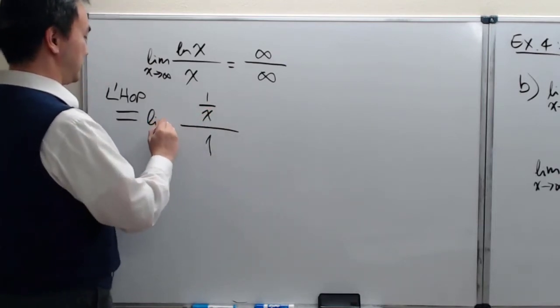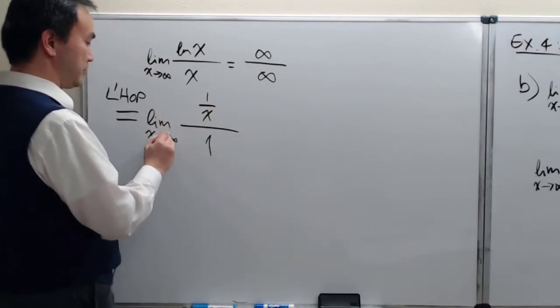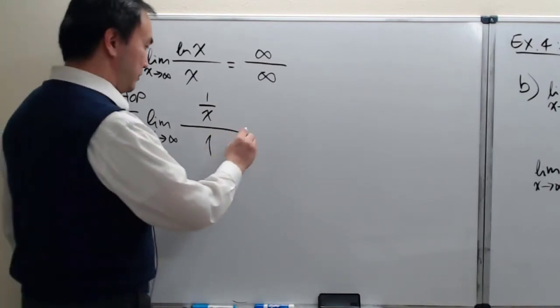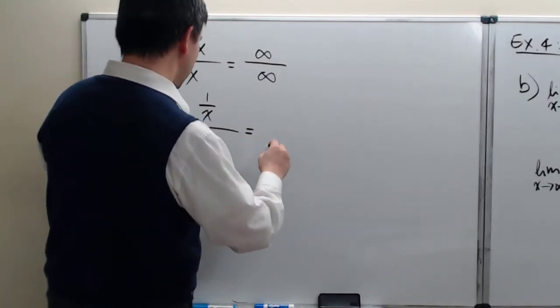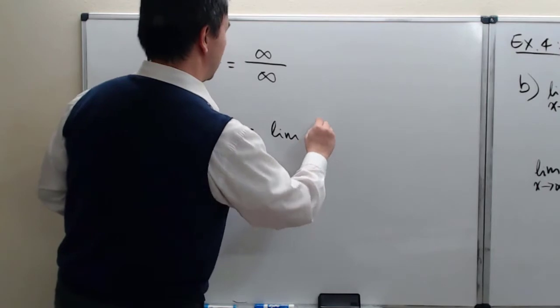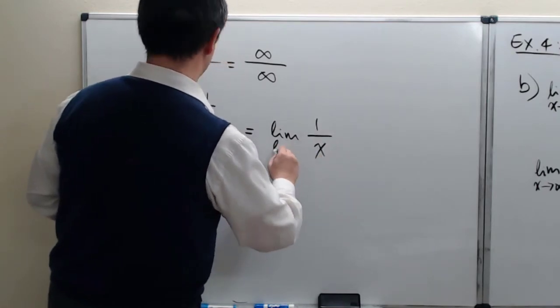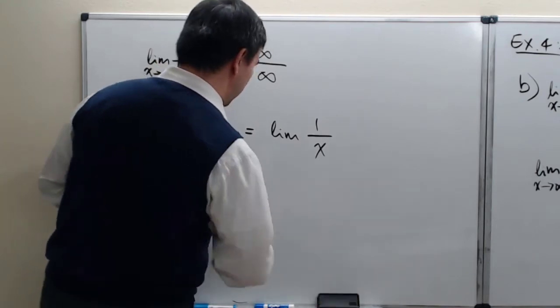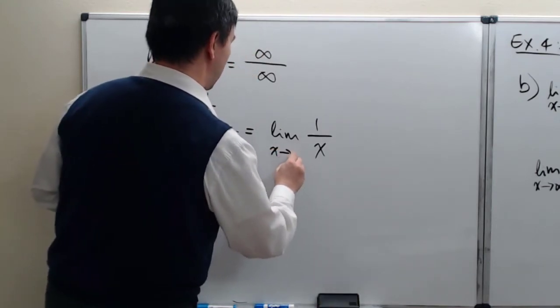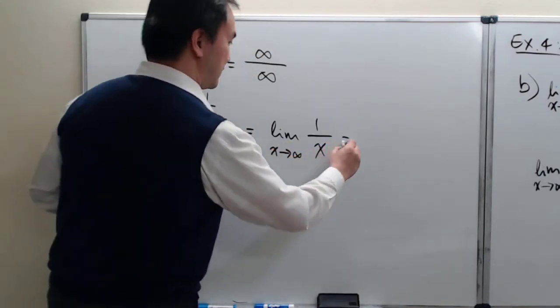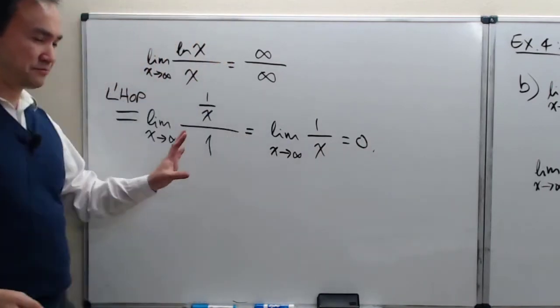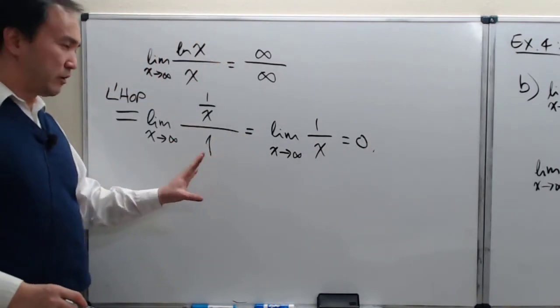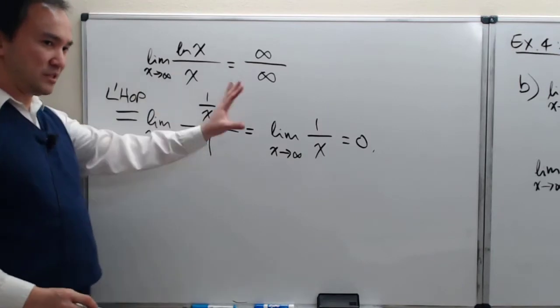Taking the limit as x approaches positive infinity, this is 1 over x, and all that here is actually a 0.